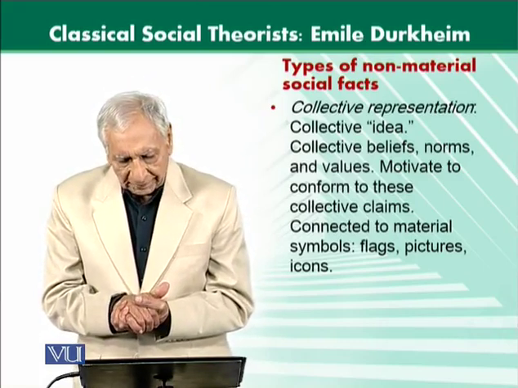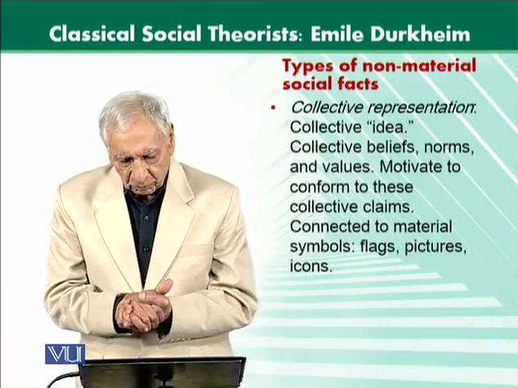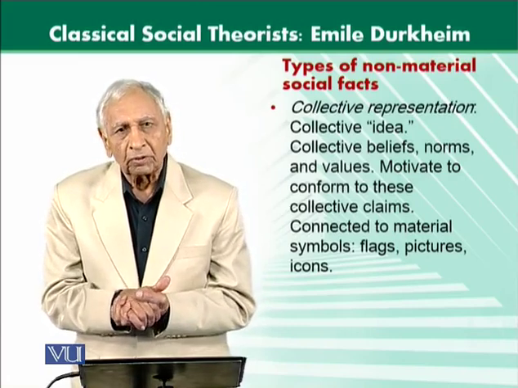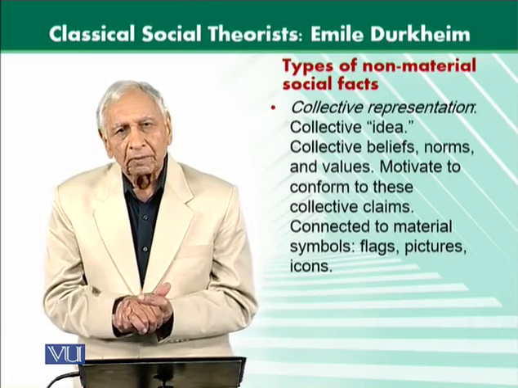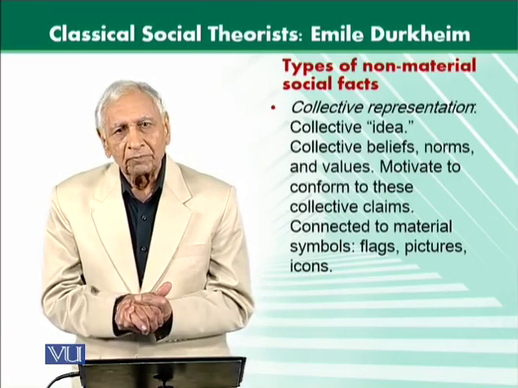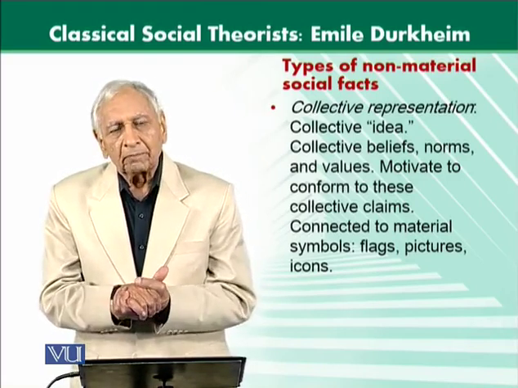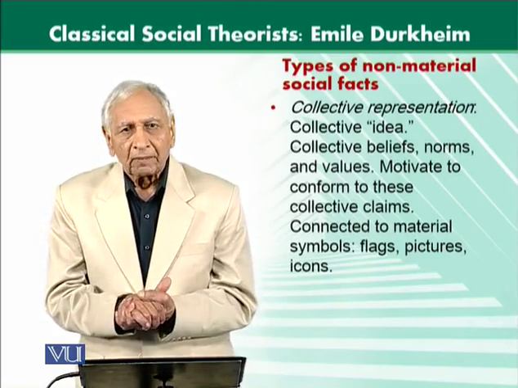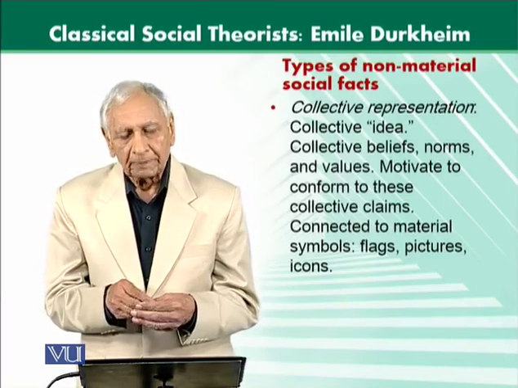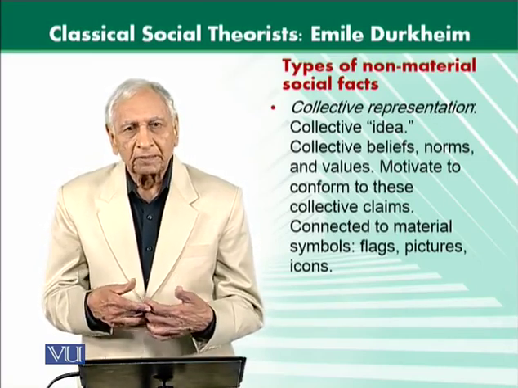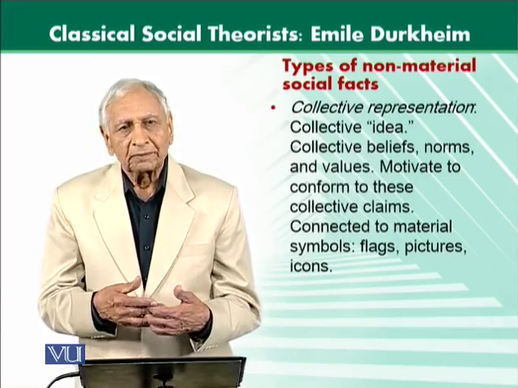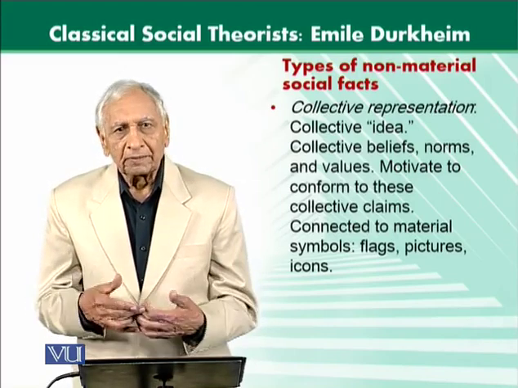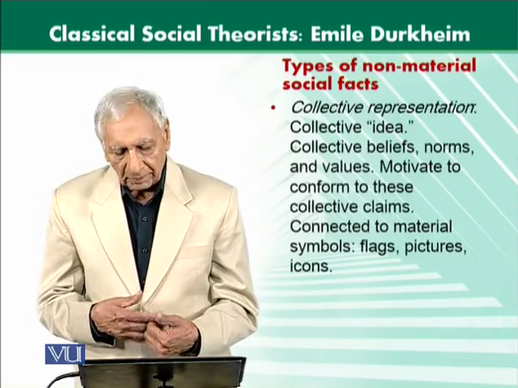We see that these are connected to material symbols, just like flags, pictures of some places or some individuals, and maybe some icons. We see the flag of a country. People have to show respect to that. Same about the pictures, like the picture of some leaders like the Qaid-e-Azam, or some leader in the American society or other societies.